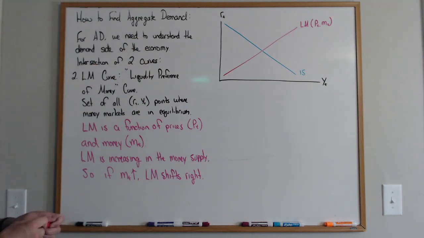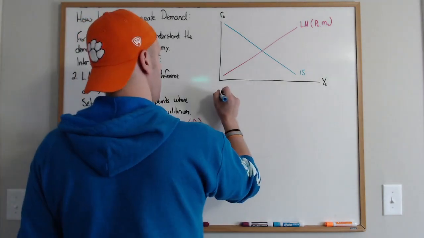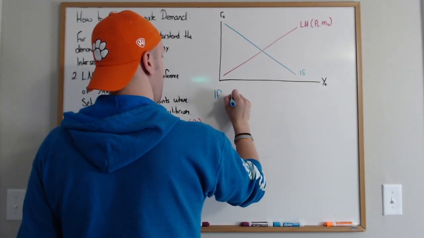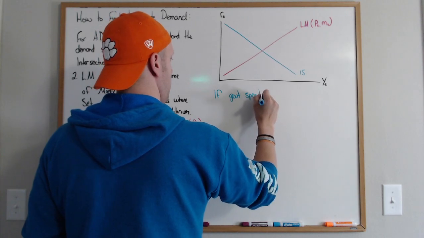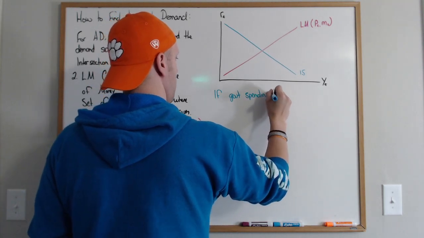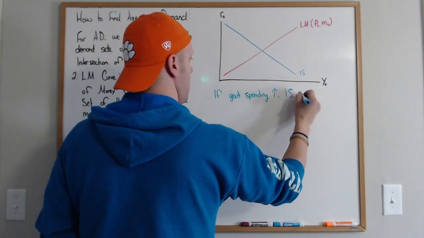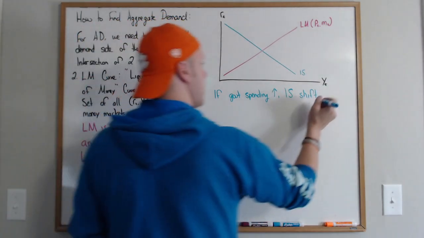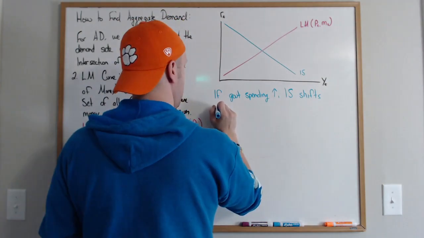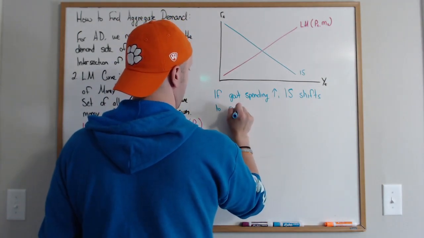Conversely, we're looking at the IS curve. If government spending were to increase, the IS curve will also shift to the right.